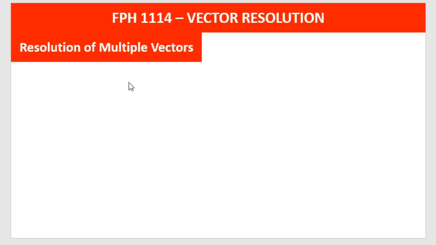So for x component, let's sketch this diagram from the first quadrant again. We have something of this nature.